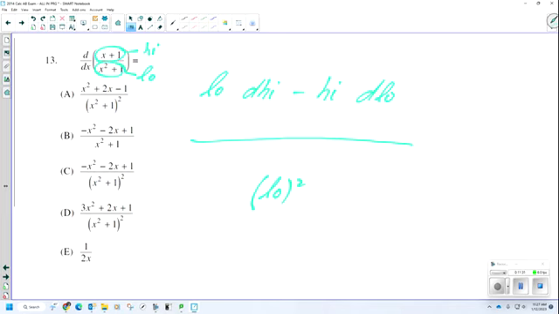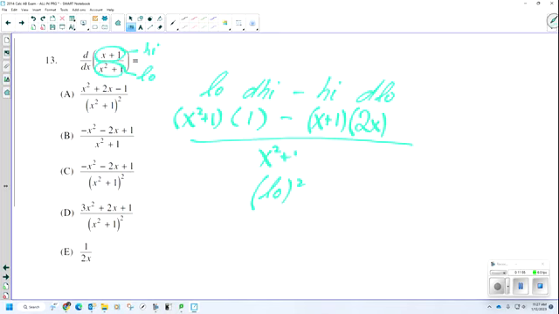So it is low, just as it is. D high, the derivative of above, well, that's just 1. Minus high, just as it is, so that's x plus 1, times d low, the derivative of the denominator below, which is 2x. I draw a line and I square whatever's below.